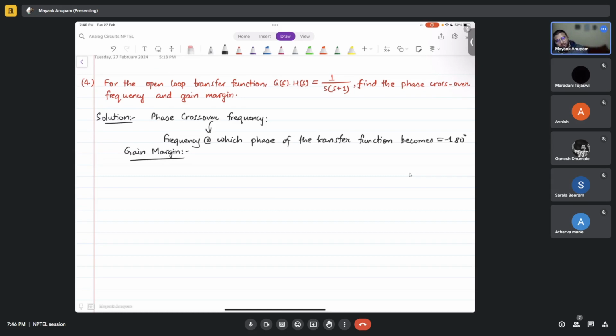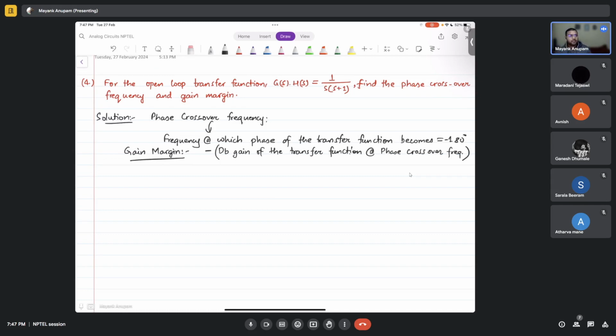It is the gain or magnitude, minus of dB gain, of the transfer function at phase crossover frequency.